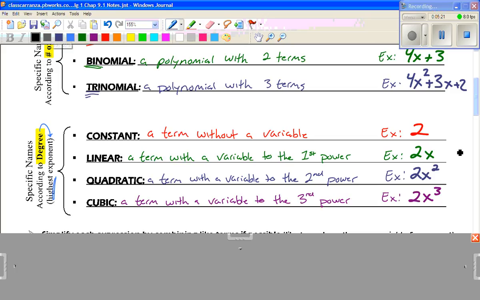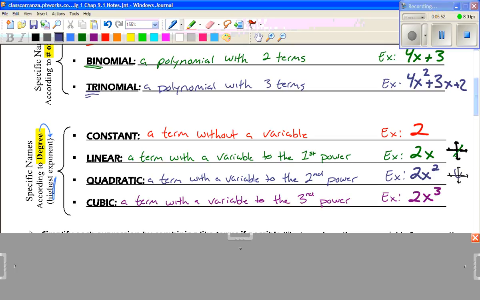Now, this is just something to know. I've talked about linear, that's when we graph a line. If it's one variable, it makes a line. Later, I think it's the next chapter actually, we're going to be talking about quadratics.